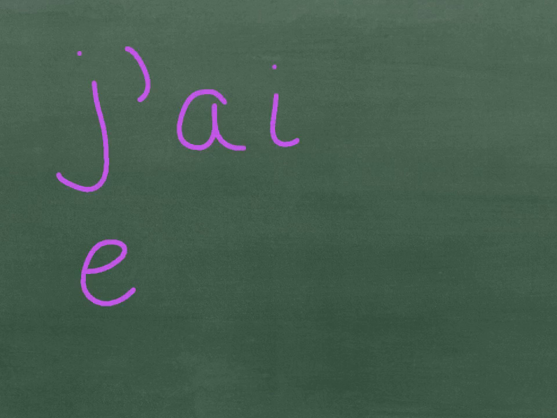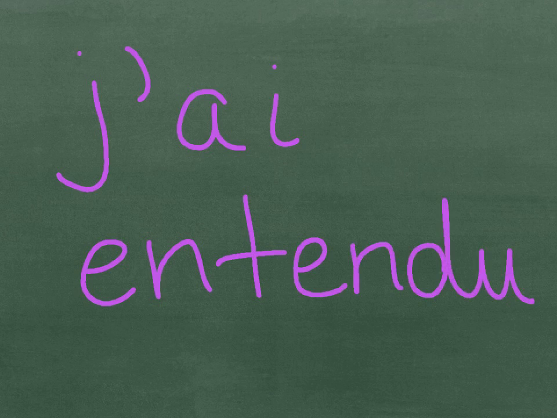Let's try another example. Let's go back to rien. Let's say I didn't hear anything. First, let's start with I heard. J'ai entendu. I heard.